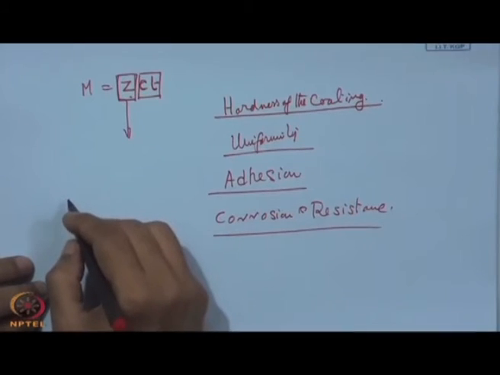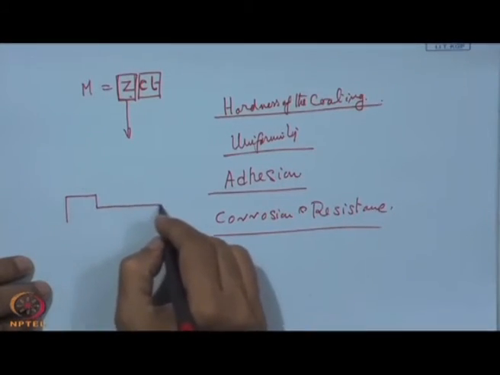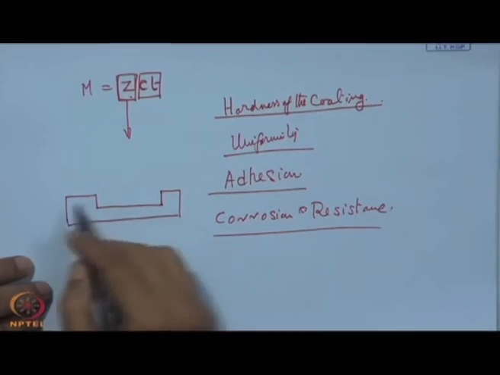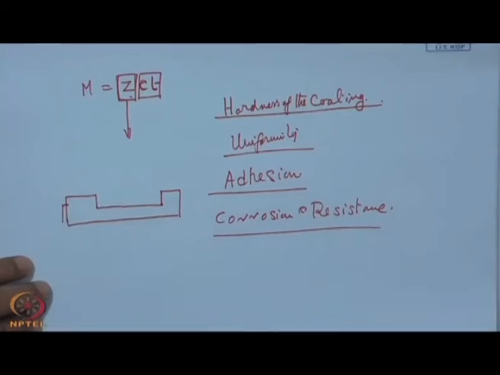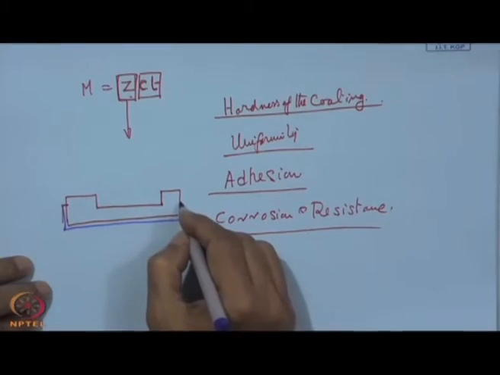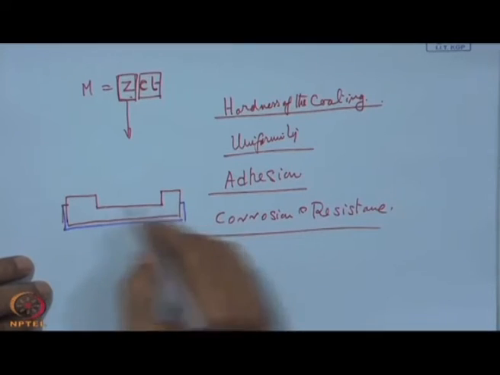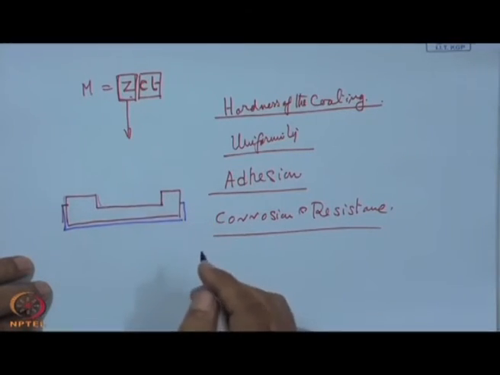It is also one of these aspects one cannot ignore. Suppose we have such a thing and we like to have, say on this side, a lacquer to make it passive. Now, we expect this coating to deposit on this surface. So, this is the area where we expect the coating to deposit.